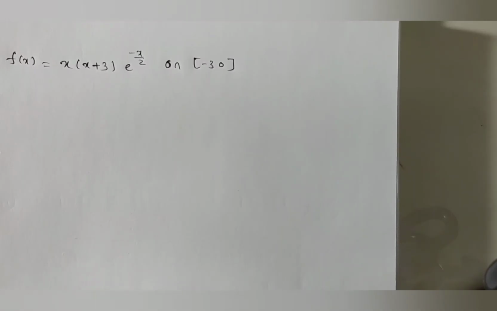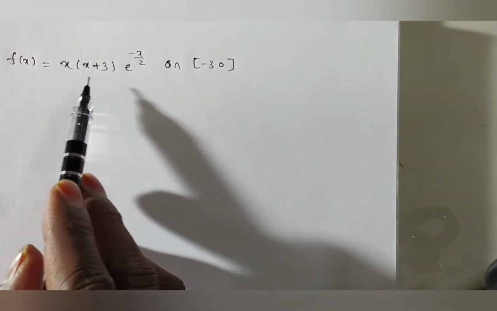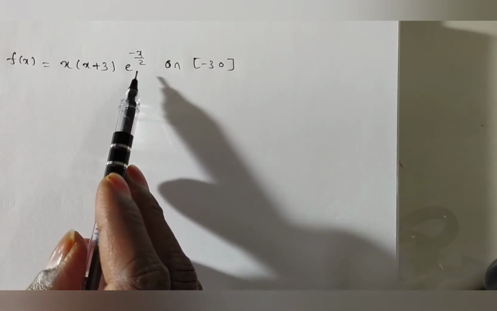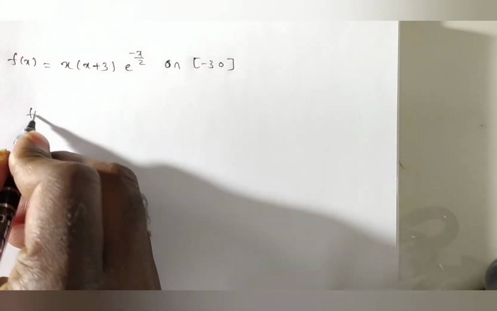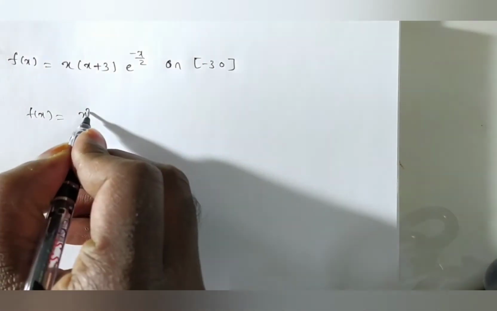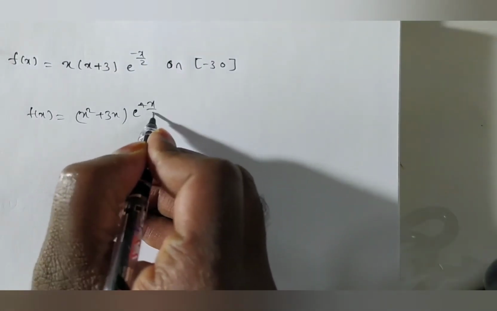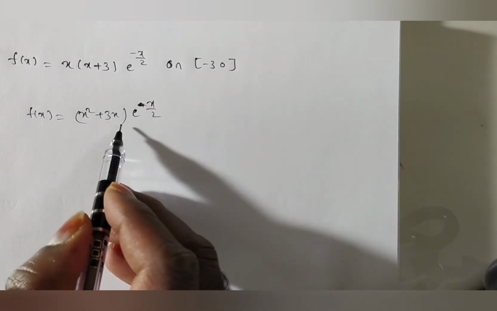Friends, now the given problem is f of x is equal to x plus 3 into x into e to the power of minus x by 2 on minus 3 comma 0. So the given problem you can also write as x square plus 3x times e to the power of minus x by 2. You observe, the first term and second term here is a product of two functions.